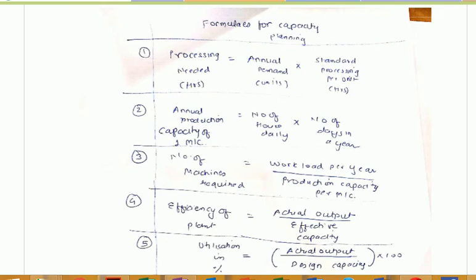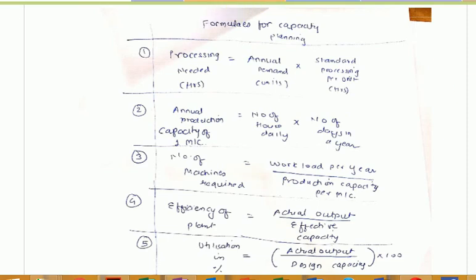Say for example 4 processing needed are given to you, and if we add all this we get workload per year. The part in the denominator, that is production capacity per machine, can be easily found out by using the second formula. So if we divide the sum of processing needed, which is workload per year, by the production capacity per machine, we get the number of machines required to do the production. This is the simple meaning of the third formula.